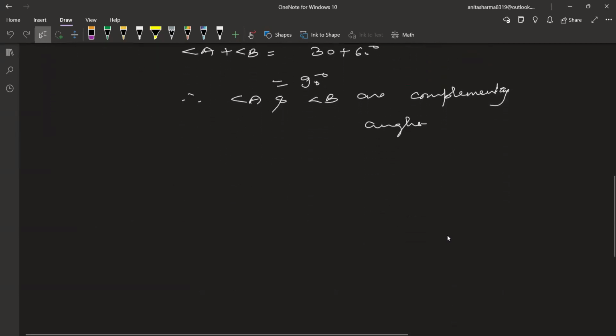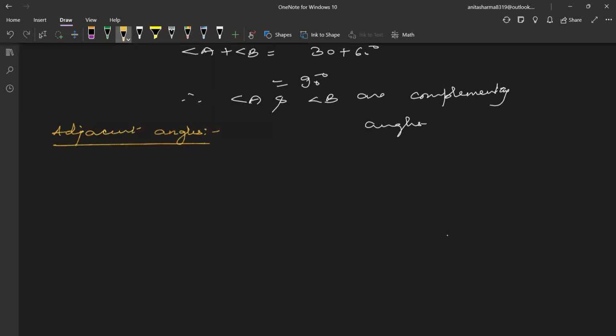Now the next term is adjacent angles. Anyone can tell me? Ma'am, adjacent angles are the angles that have a common arm and a common vertex.